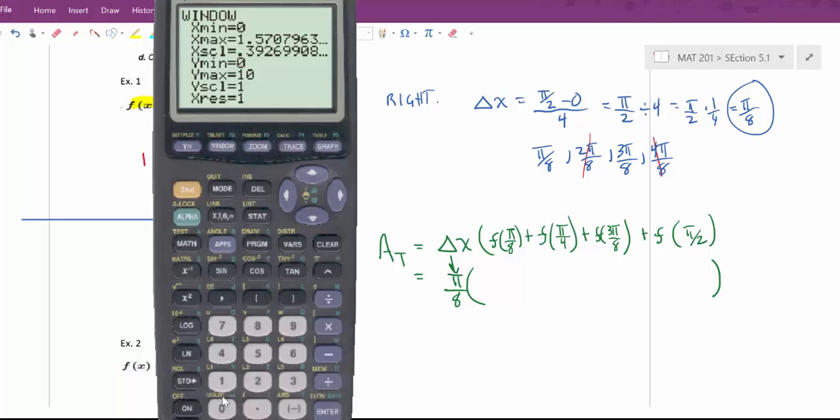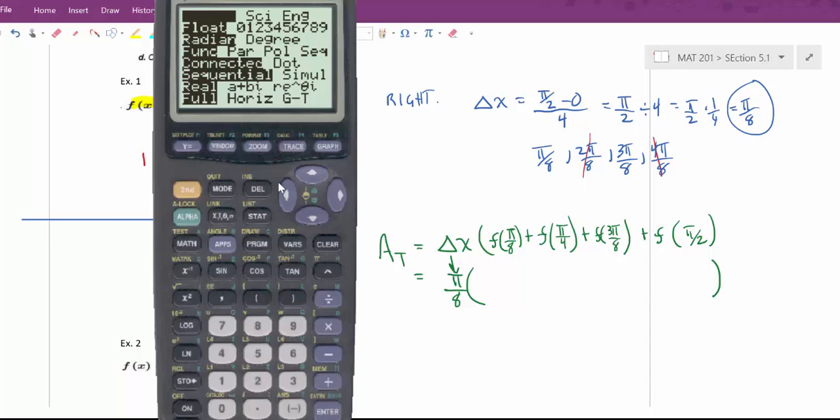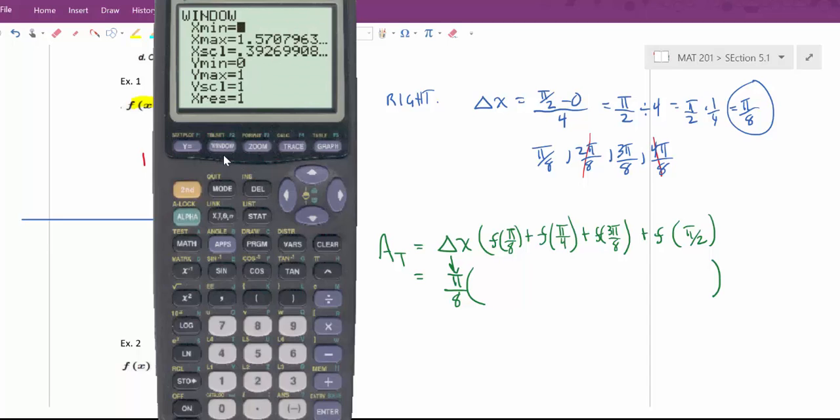And then the y's, we're going to go 0 to 1. And then you should have a good graph, making sure that you're in radian mode. So I'm going 0 to pi over 2, scale by pi over 8, and then 0 to 1 on the y-axis. And you should get, hopefully, what I just graphed, okay?